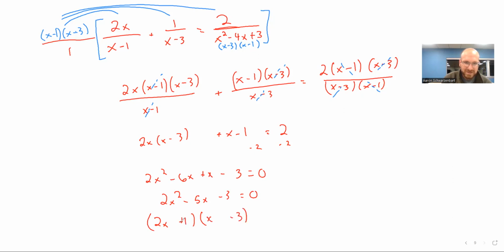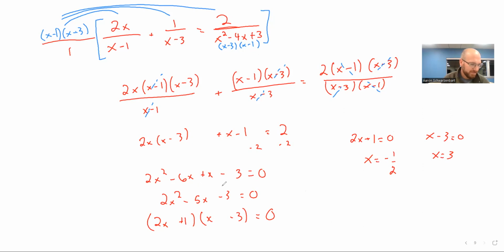So 1 and 3 multiply to be -3. 2x times 3 is -6x plus 1x is -5x. That works. No, it doesn't equal x. My brain ain't fully working right now. It equals 0. So that means 2x plus 1 equals 0, and x minus 3 equals 0. x equals 3, x equals negative 1/2.